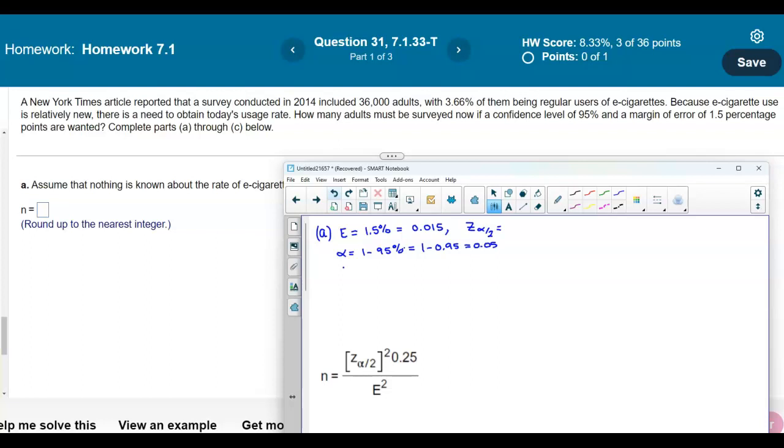Now we take alpha and divide that by 2. So we take 0.05, divide that by 2 to give us 0.025.